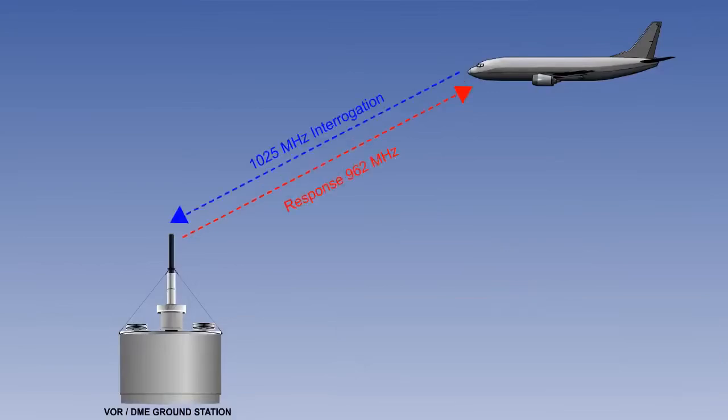A DME channel consists of 2 carrier wave frequencies, always 63 MHz apart. For example, if a carrier wave of 1025 MHz is used for the interrogation pulse train, the carrier wave frequency of 962 MHz is used for the response pulse train.